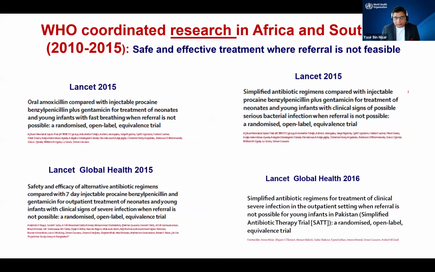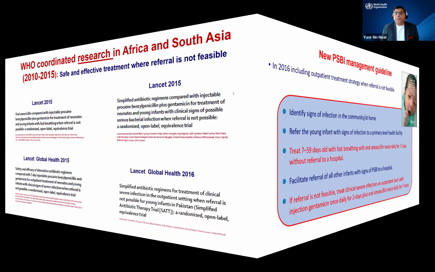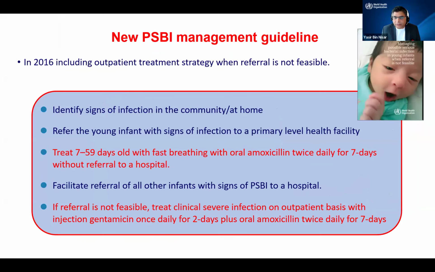In this context, WHO coordinated research in Africa and South Asia between 2010 and 2015 to see what is safe and effective treatment when referral is not feasible. These studies were conducted in Africa, in Nigeria, Kenya, and Congo, DRC, and in Asia, in Bangladesh and Pakistan. The results of these studies were very interesting.